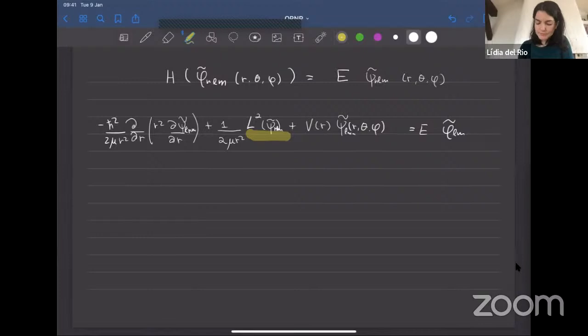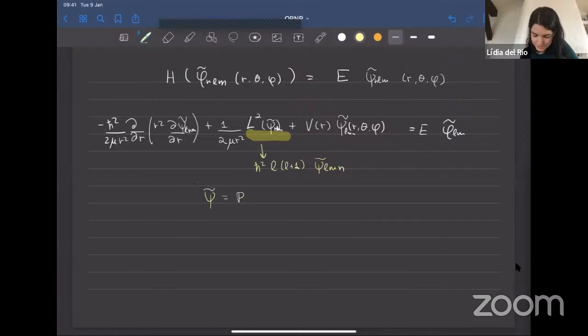right? Because now we're talking about eigenstates, so we know that this is going to be just ħ² l(l+1) times the function. We also know that this thing is going to be some R that depends on n and l, times something that depends only on the angles.